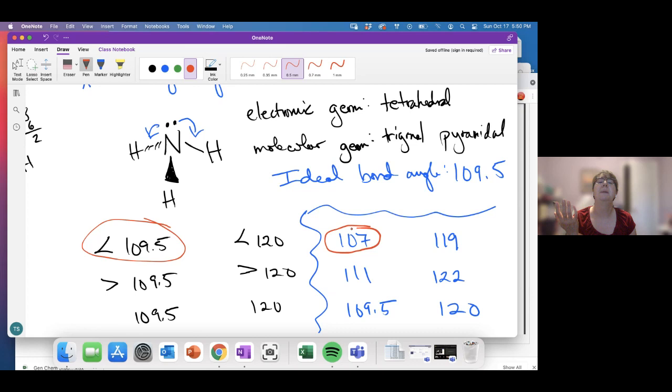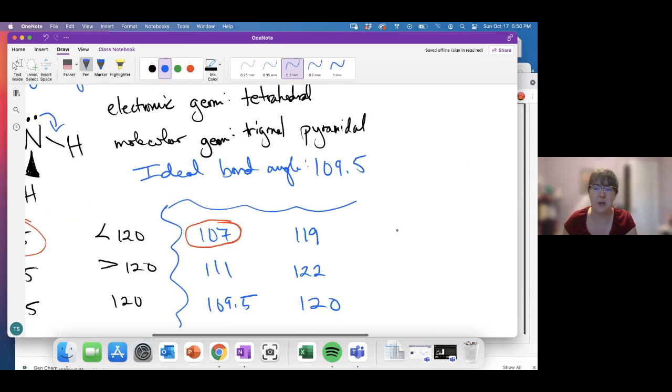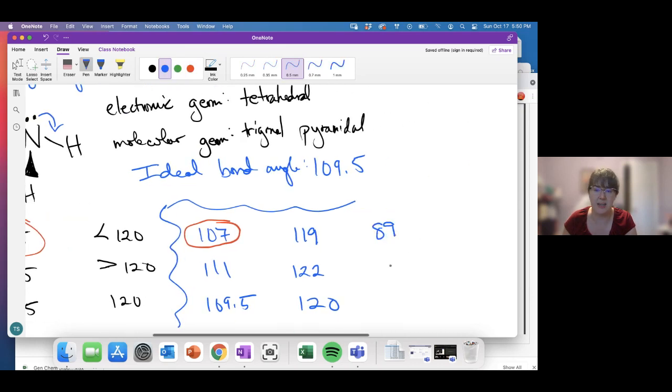We could. But if we do that, there's only going to be one answer that's less than 109.5 but bigger than 90. Some other wrong answers that could be on here are things like 89, 90, and 92.